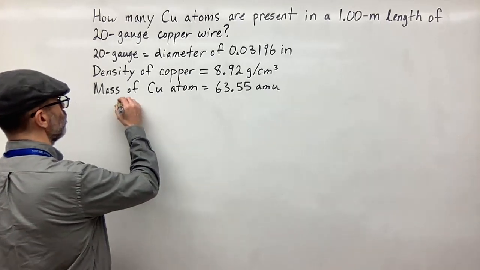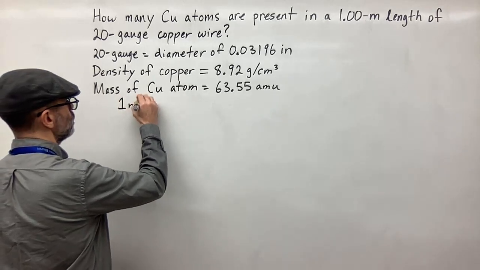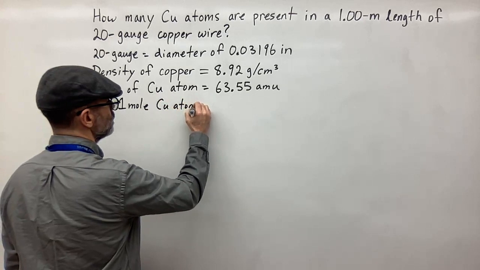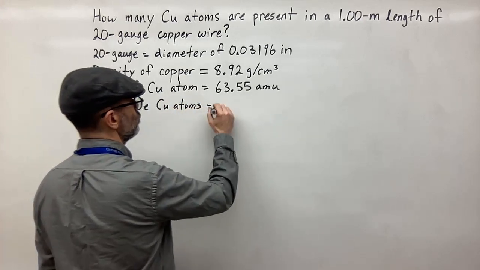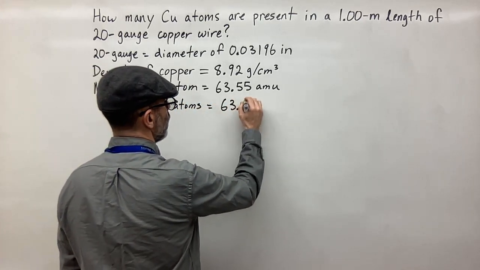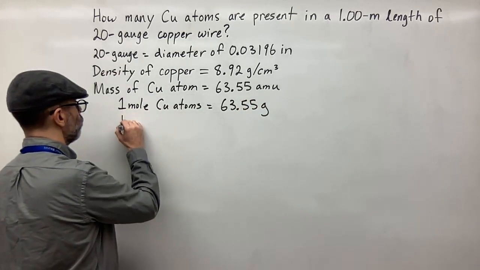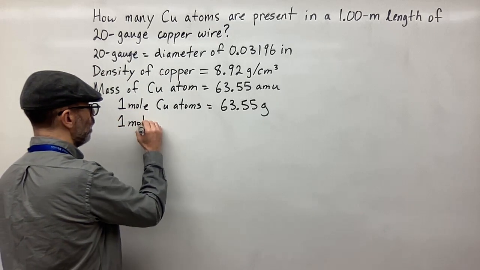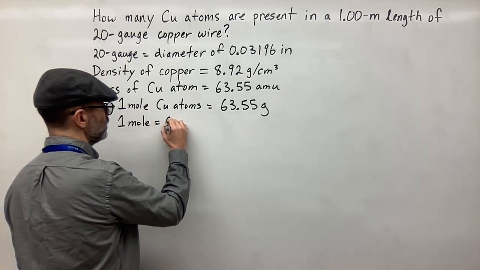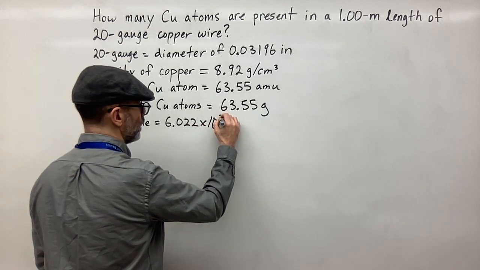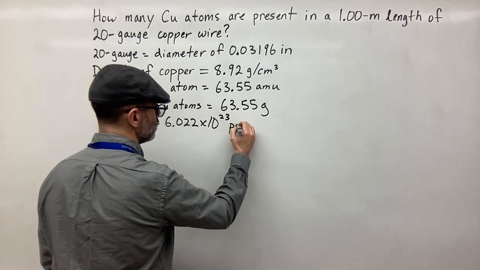So 1 mole of copper atoms is equal to 63.55 grams. And we should remember that 1 mole of particles is equal to 6.022 times 10 to the 23rd particles.